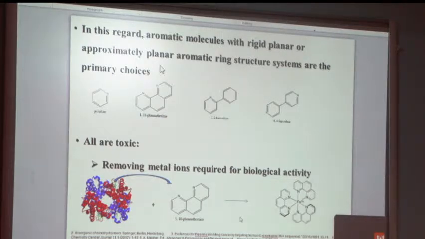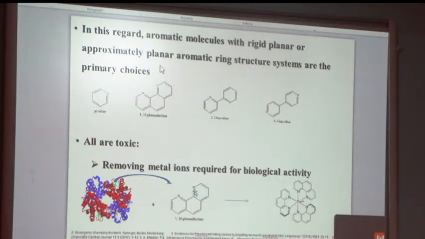Now, to avoid this problem and to get the function of these molecules in medicine, what is required is to engage the part of the molecule that creates the problem by taking the metal ions from the system. This can be done by several methods.